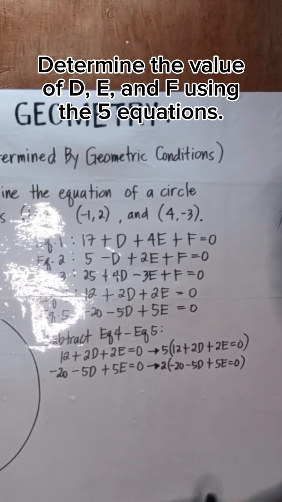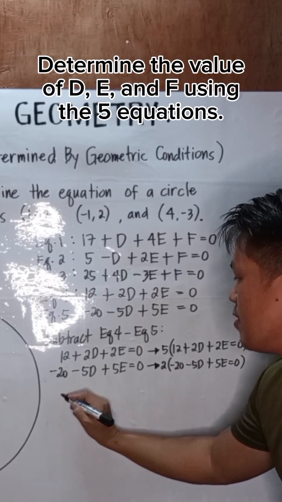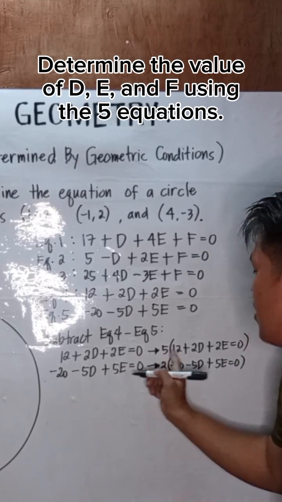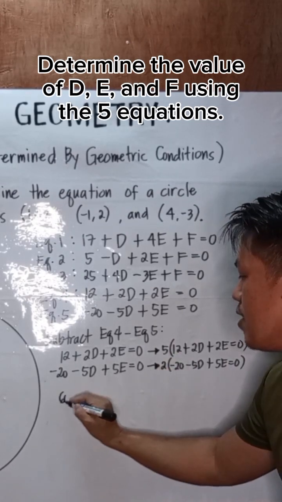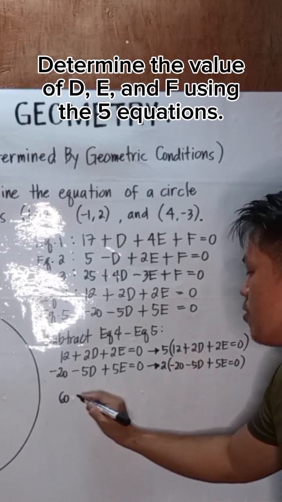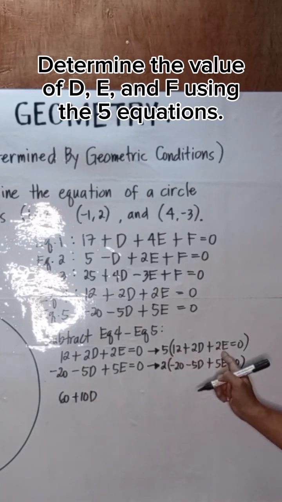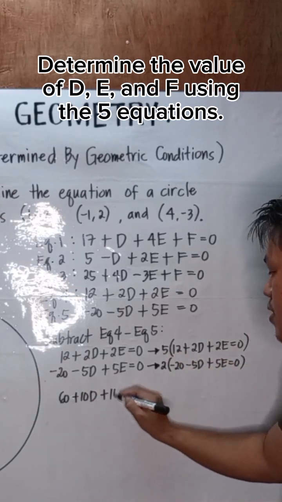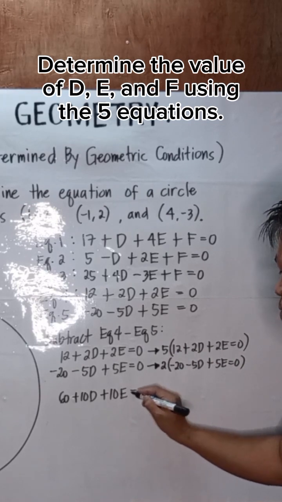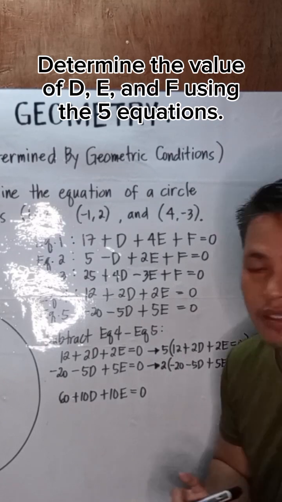And then, isi-simplify natin. I-multiply natin yung 5 sa bawat term. So, ito ngayon ay magiging 5 times 12 ay 60. Then, 5 times 2 is 10. So, plus 10d. And then, 5 times 2 is 10e is equal to 0. Kasi 5 times 0 is still 0.